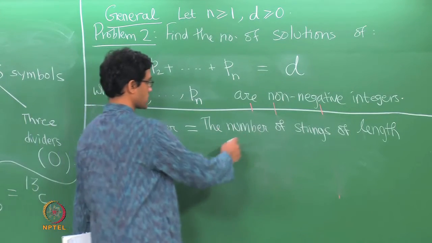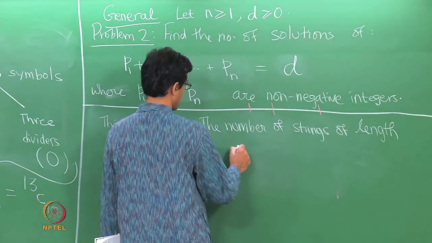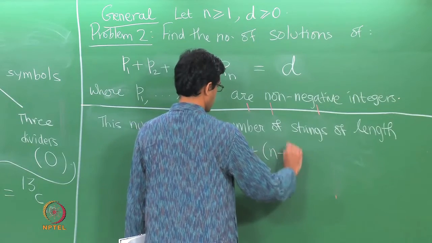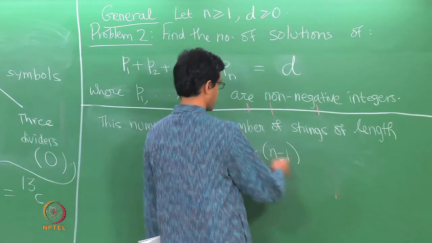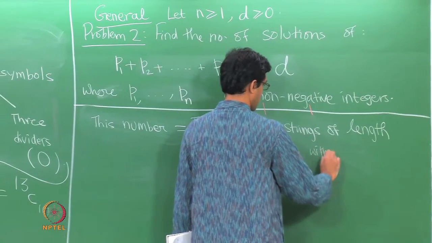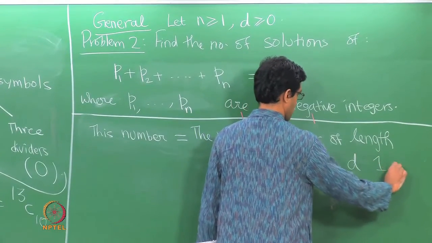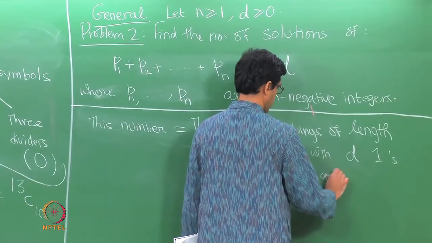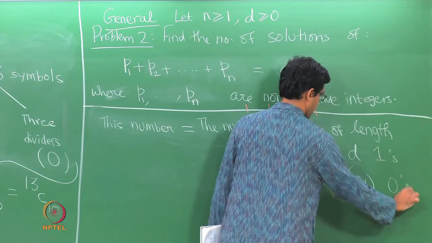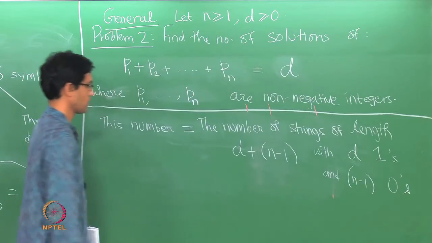So the number of strings of length, what's the total length? d is the number of ones and n minus 1 is the number of zeros. So these are strings with d ones and n minus 1 zeros. So these are the dividers.